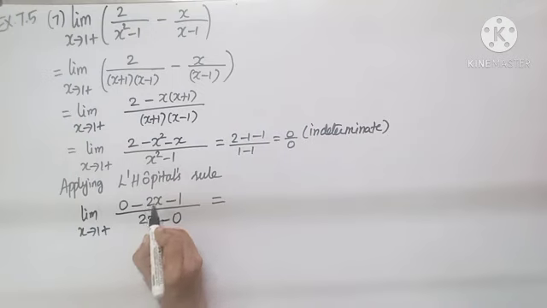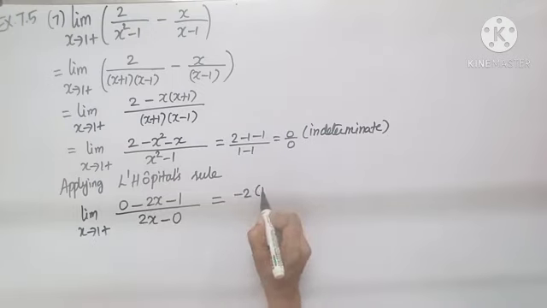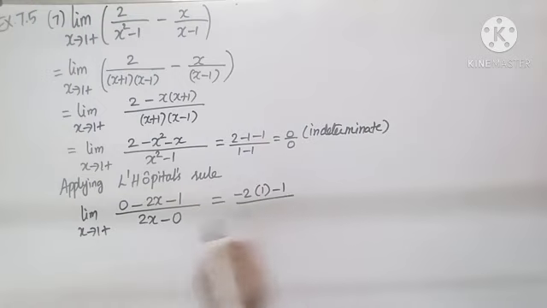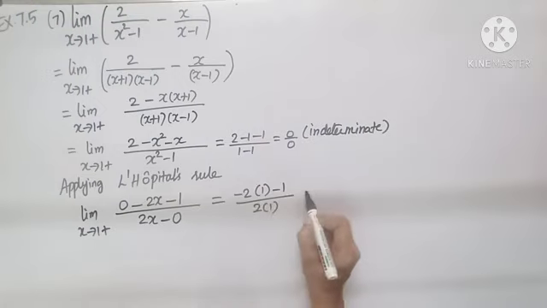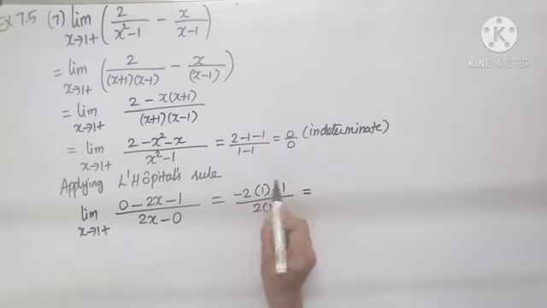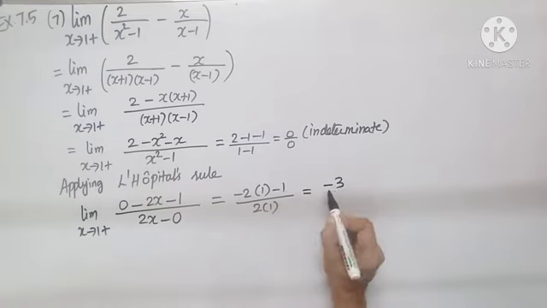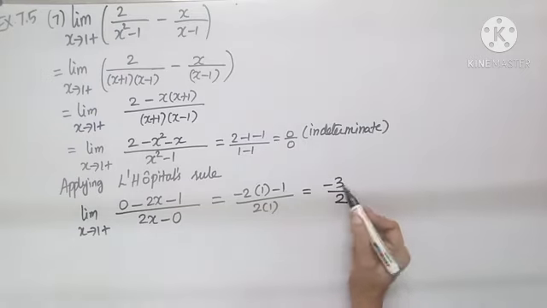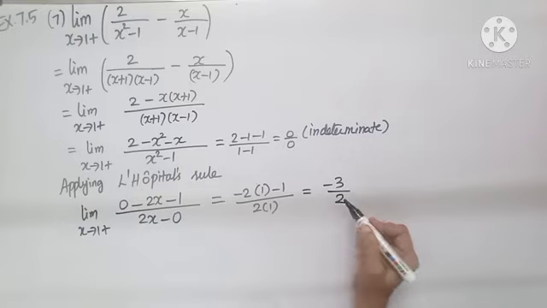Now wherever x is coming, we have to put 1. Minus 2 into 1 minus 1 by 2 into 1. That is minus 2 minus 1 together, minus 3 by 2. It is a proper answer, and that is the limit of the problem.